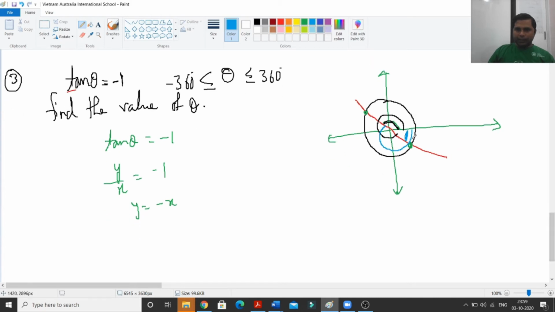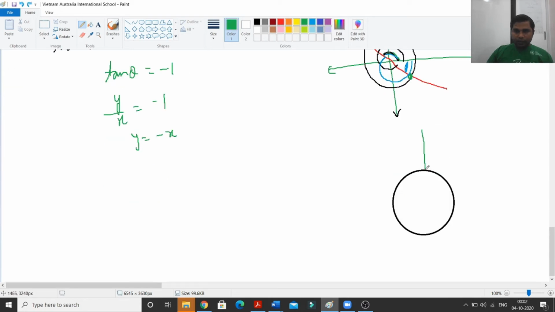As you can see here, for simplicity, I'm going to find the solutions which are negative, and draw a line y equals minus x like that. It is intersecting at 2 points. If you find the solution using the calculator, tan inverse minus 1, you will get minus 45. So this is what they are referring to.